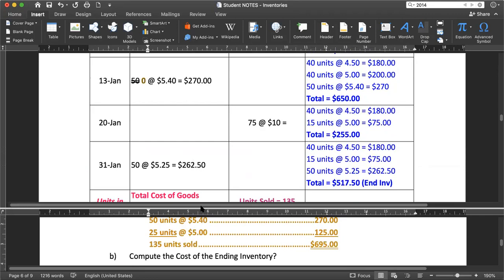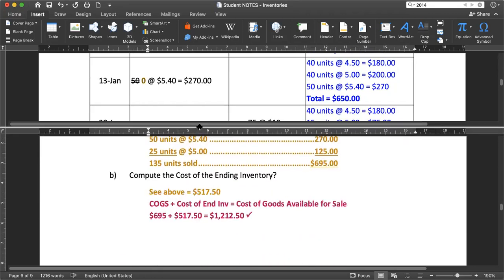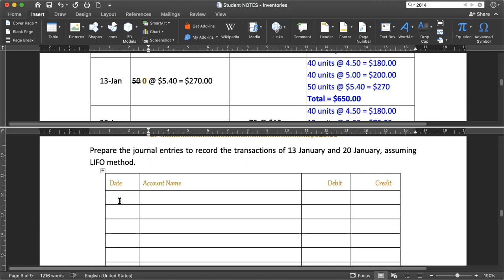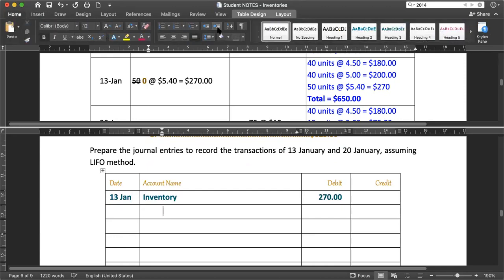So on the 13th of January, we're going to debit inventory, sometimes they use the term merchandise inventory, but that's fine, for $270. And then we're going to credit accounts payable, or it could be cash, but we're going to assume, generally speaking, that it will be accounts payable, for $270.